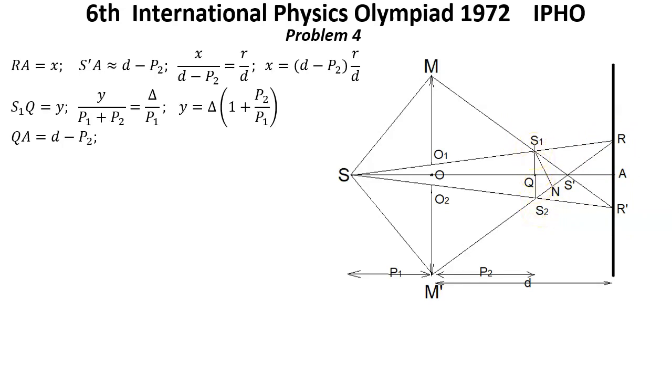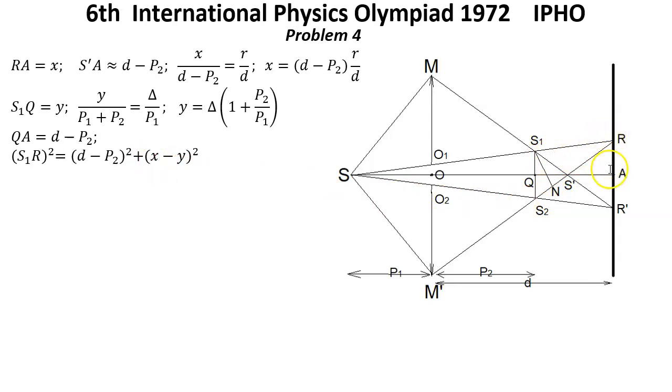So that's a right prism with the known basis and known height. So from here we can find the distance difference between S2R and S1R. Let's count it. From the right triangle we can see that S1R squared equals D minus P2 squared, this one, plus X minus Y squared.